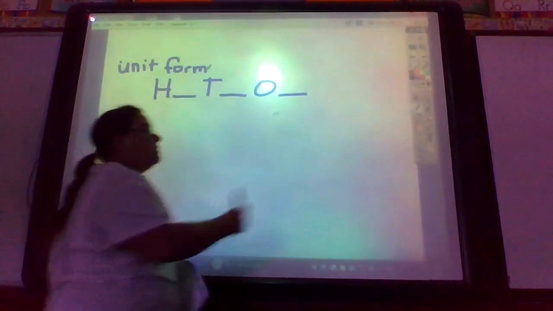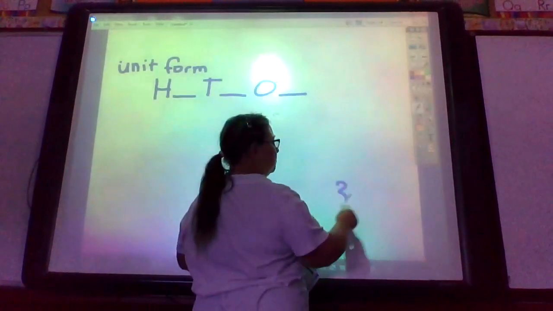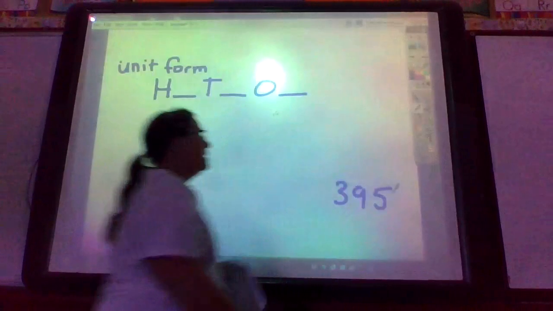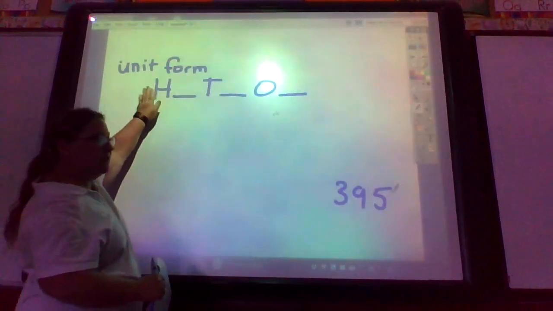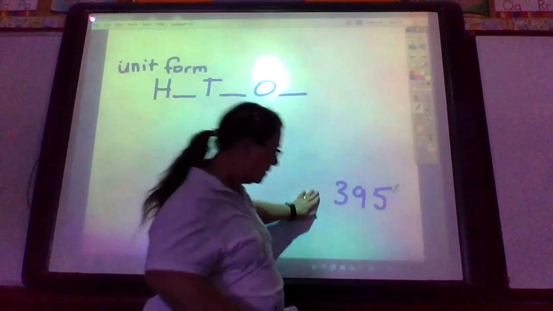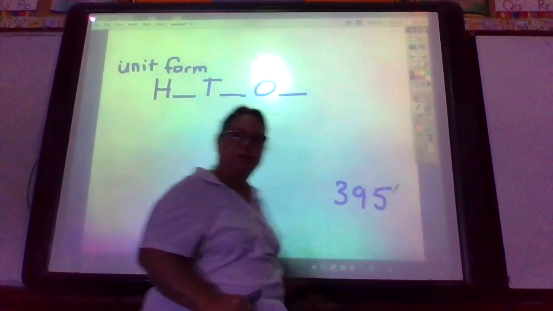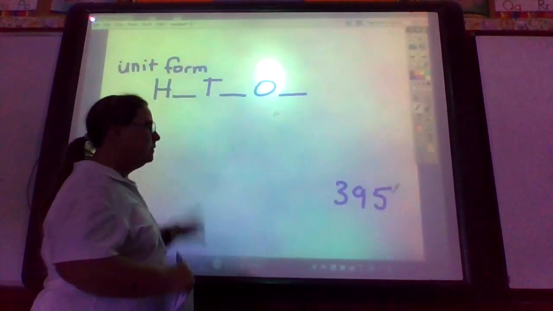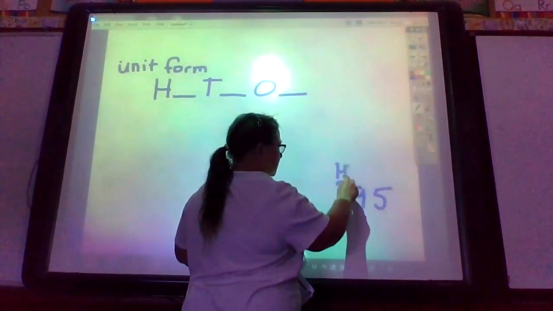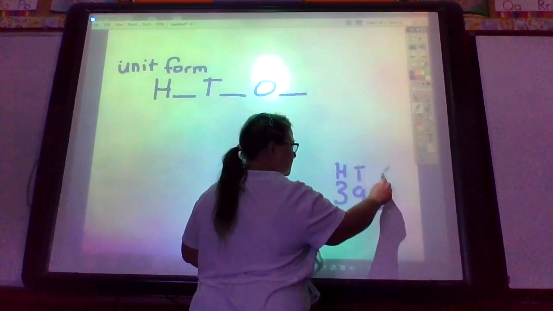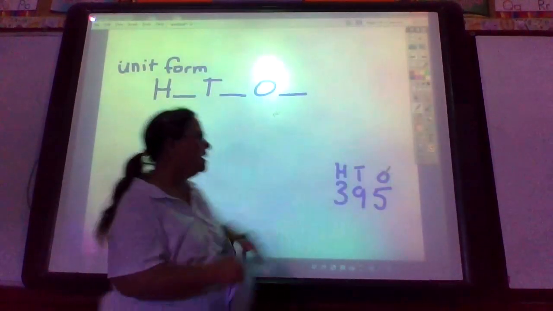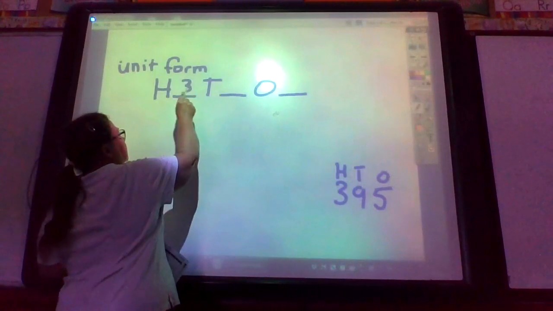Okay? And then we said we had a number maybe 395. And I said we read from left to right. We read this number from left to right. 395. I can label this number hundreds, tens and ones. Now, I know I have 3 hundreds. I can put it there.